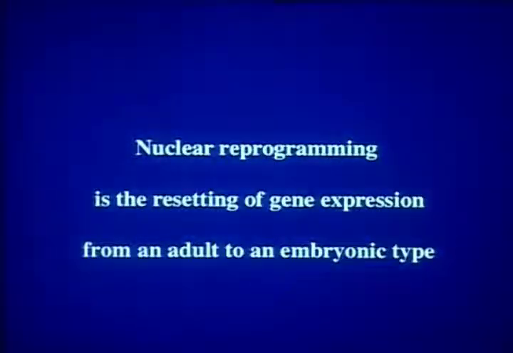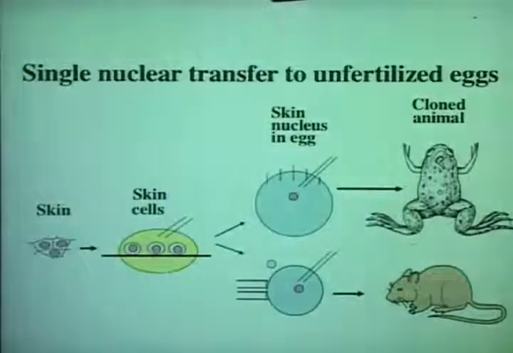And what I mean by nuclear reprogramming is the resetting of gene expression back from an adult back to an embryonic state. So the basic design of experiment, an old-fashioned one, is to transplant a nucleus to an egg from which it may be possible to obtain a frog, or likewise in mammals.